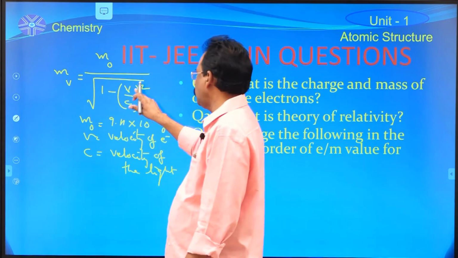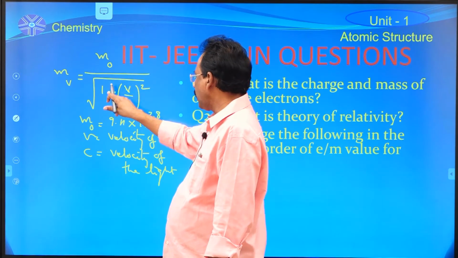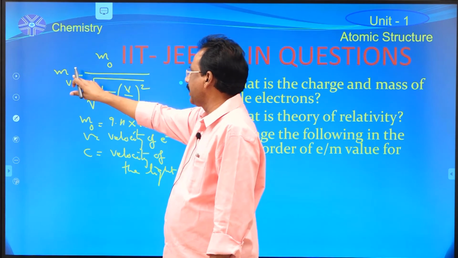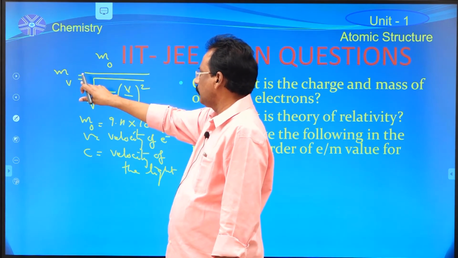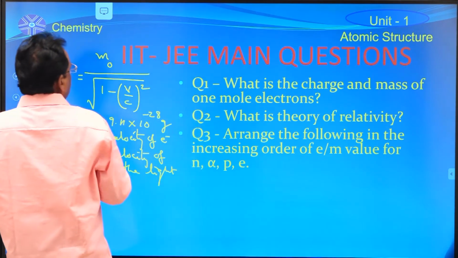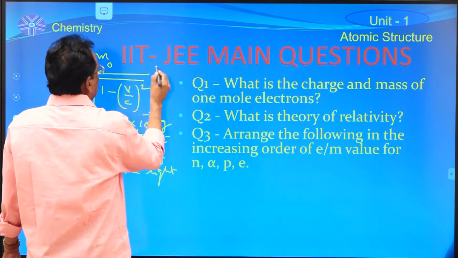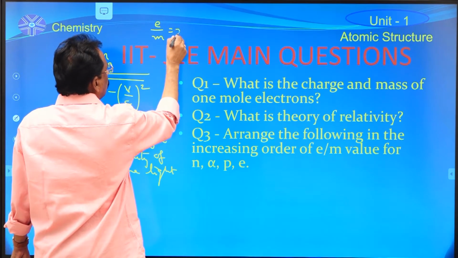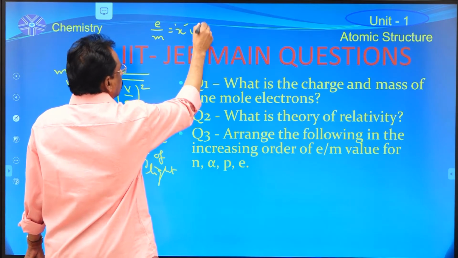That's why mass of the electron with velocity increases. Now the formula used to calculate the specific charge of the electron is e by m is equal to some x value.